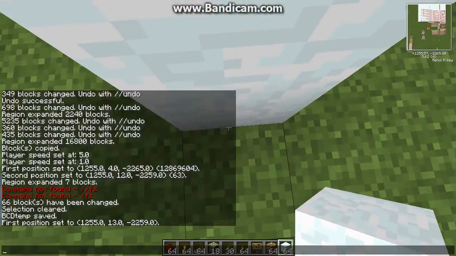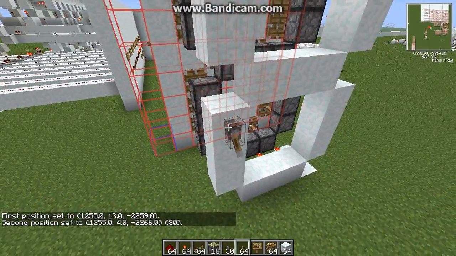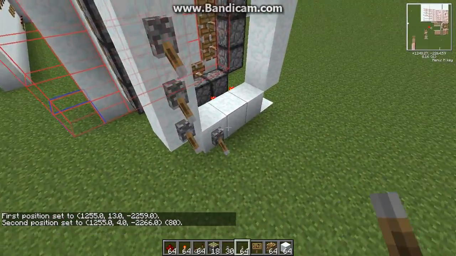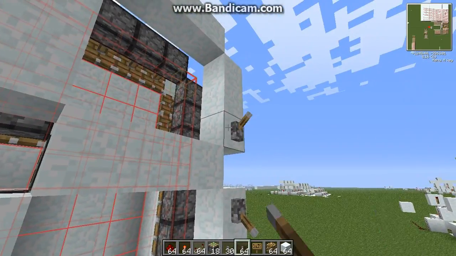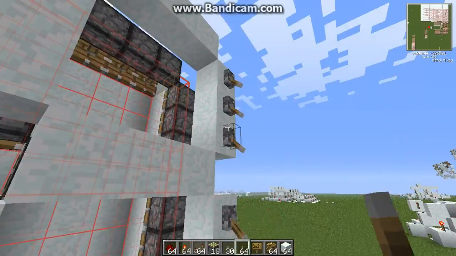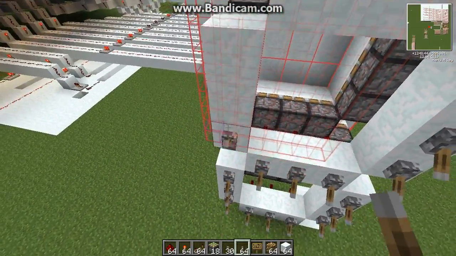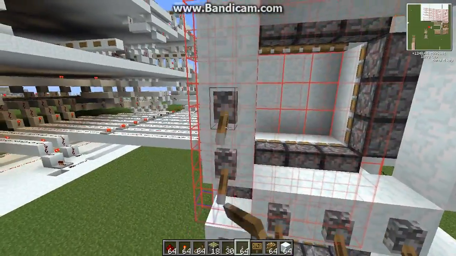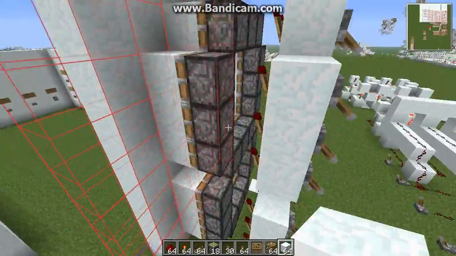And again, I'm gonna do this. And now, I'm just going to temporarily disable the whole thing. So, easy enough. And this is all temporary, so I can put the wall in front of it. And there.